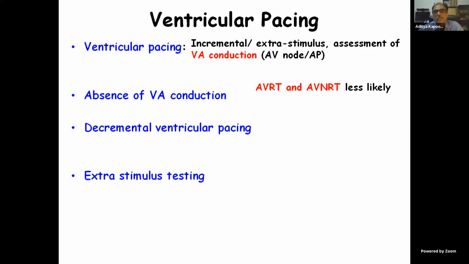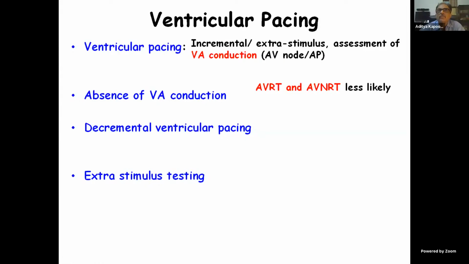It makes it less likely, but doesn't actually rule it out. So what will you do if there is absence of VA conduction? One is you will accept it, of course, but is there anything else you can do to bring it out? Yes, you might want to give isoprenaline, so it improves, right? So you do a baseline VA conduction.